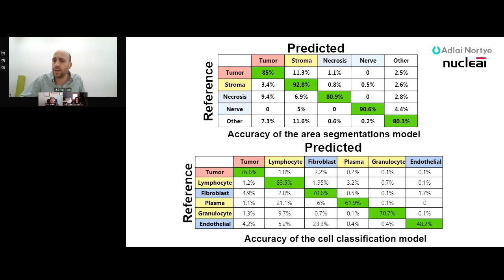So the model can identify very easily and reproducibly these types of cells within the tumor microenvironment. And that, again, as Ken described, provides the foundation for us to start to draw conclusions on their relationship to each other and then to therapeutic outcome or other things within the clinical setting.